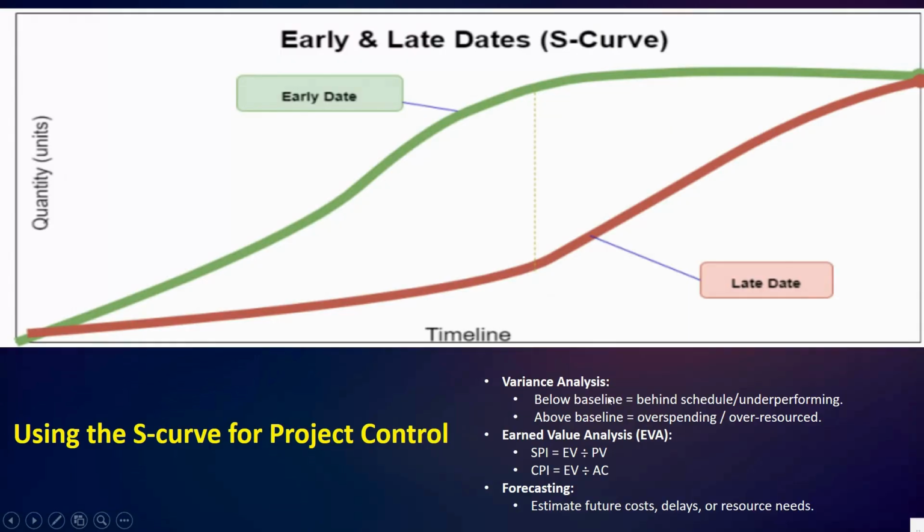Through variance analysis, we compare actual progress with the baseline. If the actual curve is below the baseline, it means the project is behind schedule or underperforming. If it's above the baseline, it could indicate overspending or over-allocation of resources. Here you can see below baseline, then above baseline.